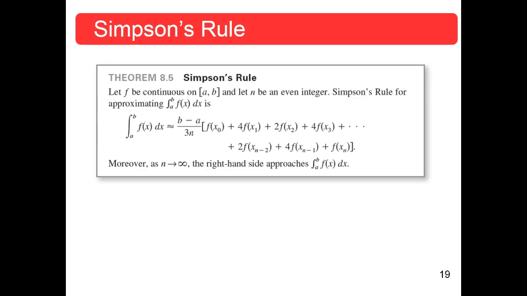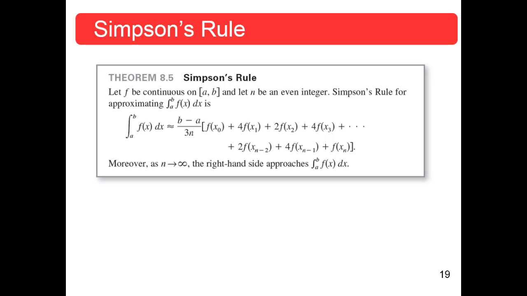Let f be continuous on the interval a to b, let n be any even integer. Simpson's rule for approximating this function that you might not be able to evaluate, period. It may not be integrable, but you can plug in values for it. So then the integral from a to b of this would be approximately b minus a over 3n times f of x0 one time, at all your odd x's 4 times, at the other even x's 2 times, except the last one is another 1 time.